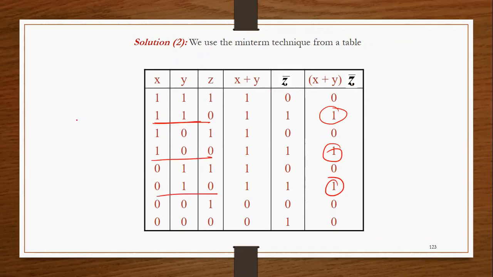Let's take this. So when x y is 1 and z is 0, I got a 1. So this will be x y z bar plus, here x is 1, the rest 2 are 0. So x y bar z bar plus x bar y z bar because x and z are 0 while y is 1.